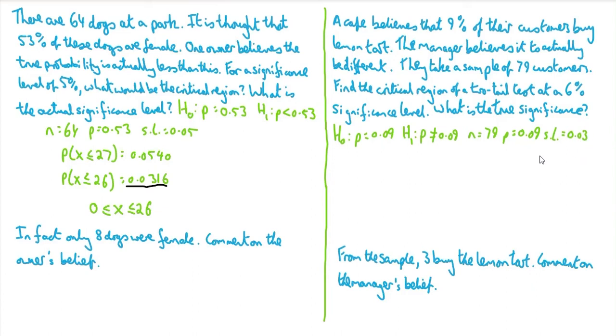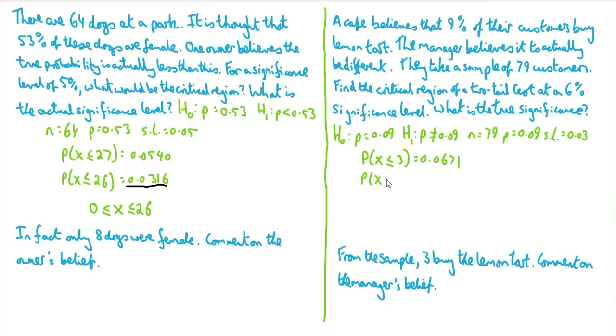Another consequence of it being a two-tailed test is that we'll need to consider both the less than and greater than options. When doing the less than, so the probability that x is less than, and we're trying to find a number that will make the probability less than 0.03, if we were to use 3 as a starting point, that would get you a probability of 0.0671. This is greater than the significance level, so we're going to have to drop our value a bit.